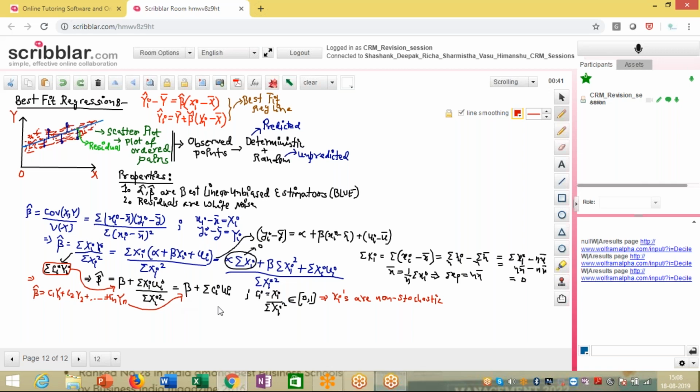So one of the most important results that you get to see over here is that the linearity of the parameter beta hat is ensured by the non-stochasticity of xi. And this is why right at the beginning the required assumption was that xi has to be non-stochastic.